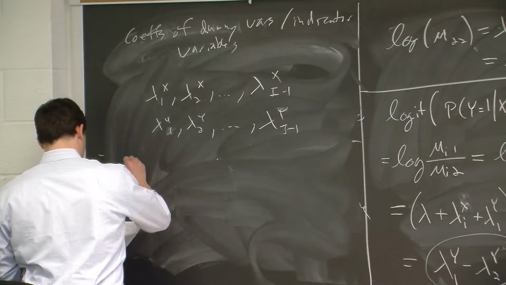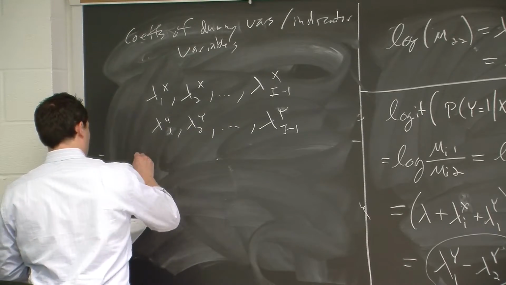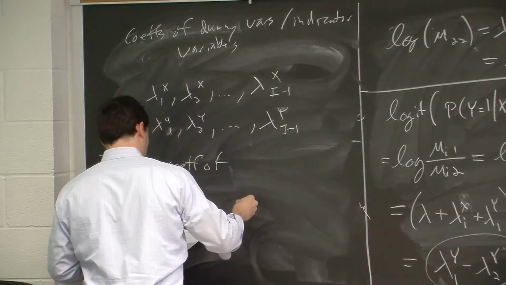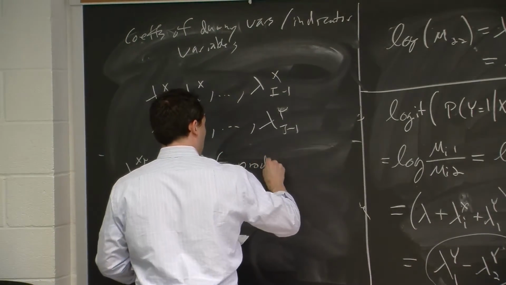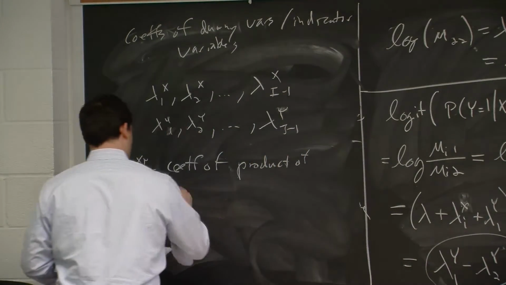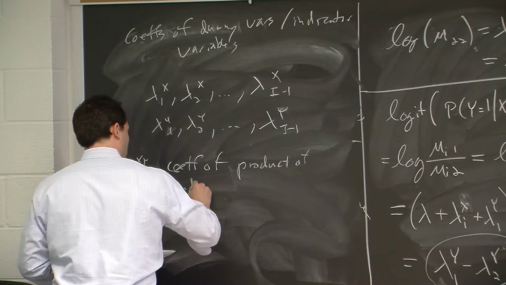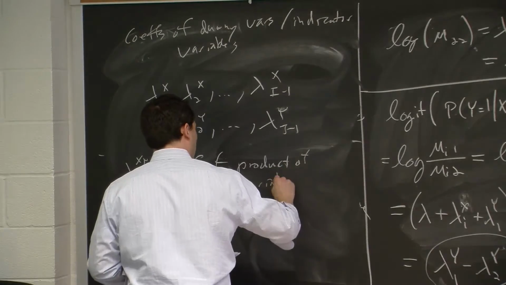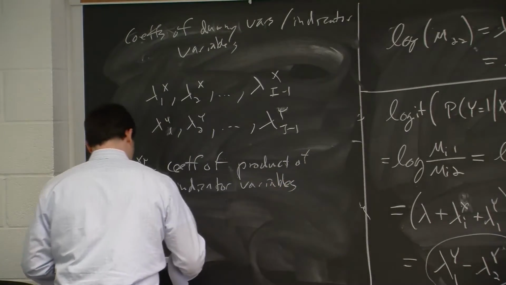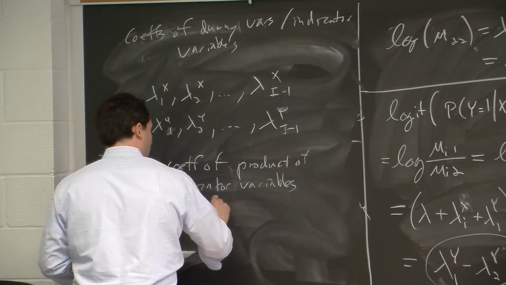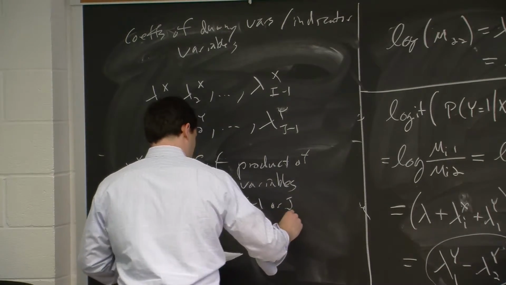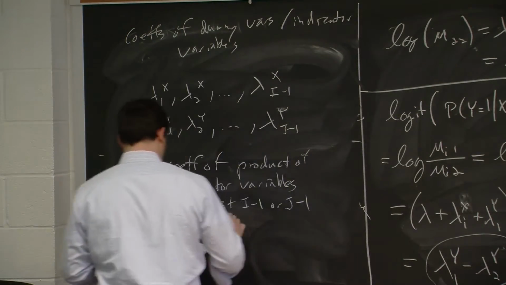And then lambda ij xy is the coefficient of the product of the indicator variables in the linear expression, and I only need it for the first I minus 1 and J minus 1 categories.